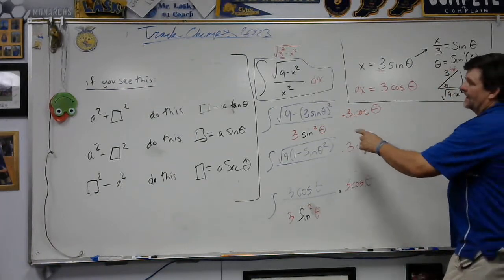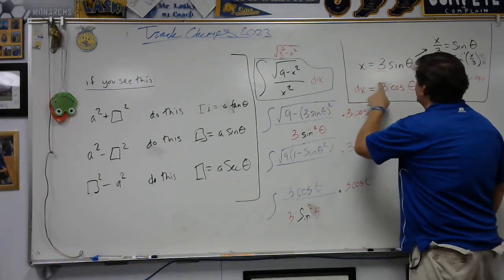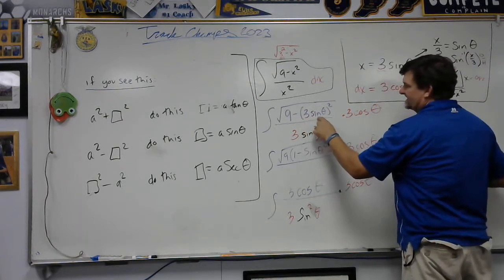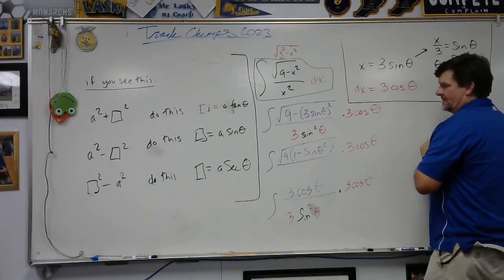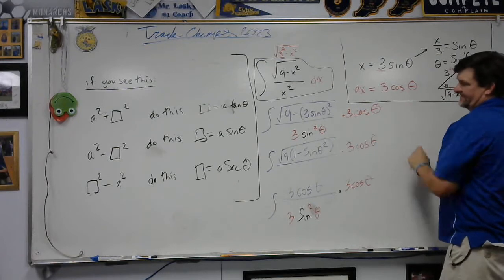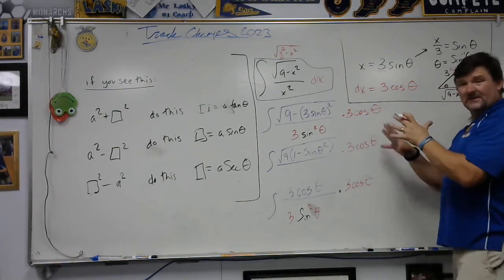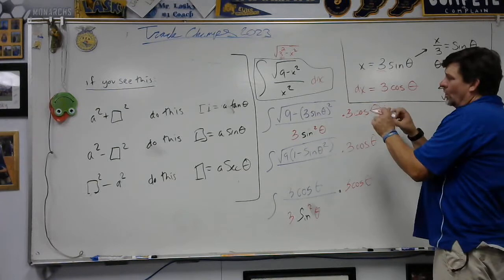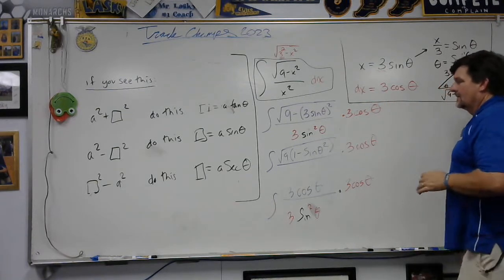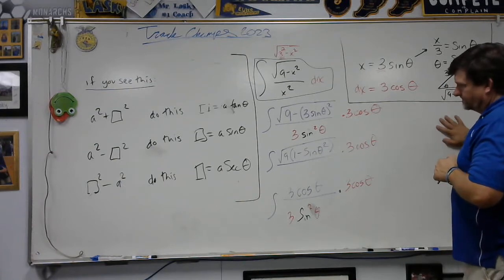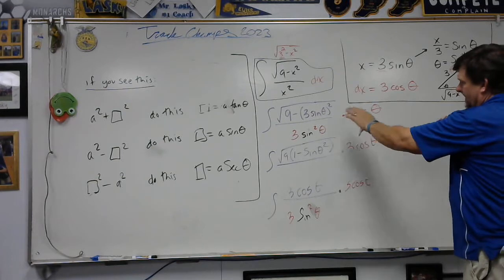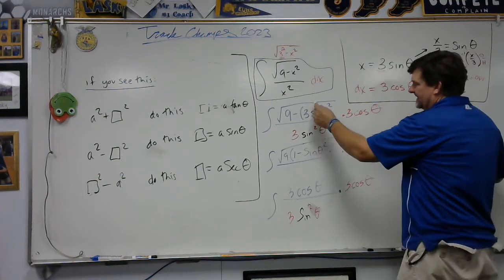So I have now made x equal to 3 sine theta, so I get 3 sine theta squared, and dx is now 3 cosine of theta. It looks a little ugly as we go, but the goal is that it's going to clean up.